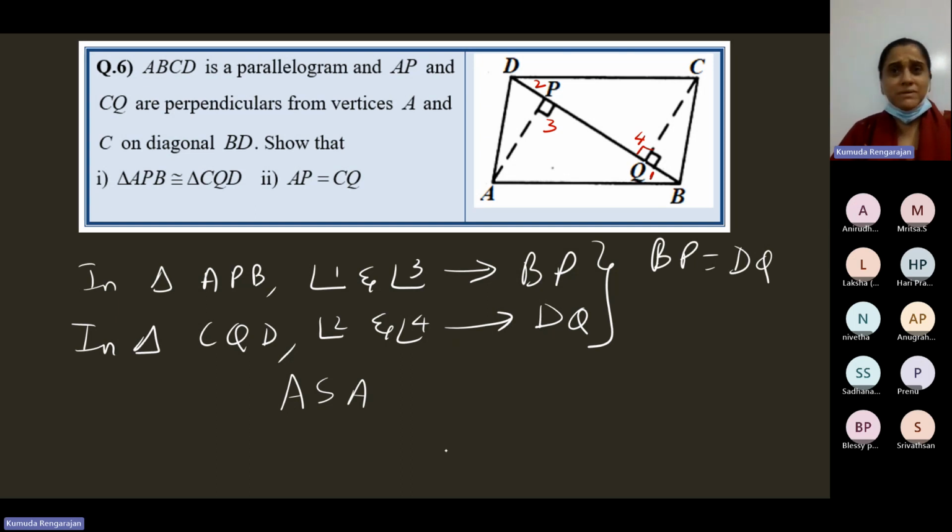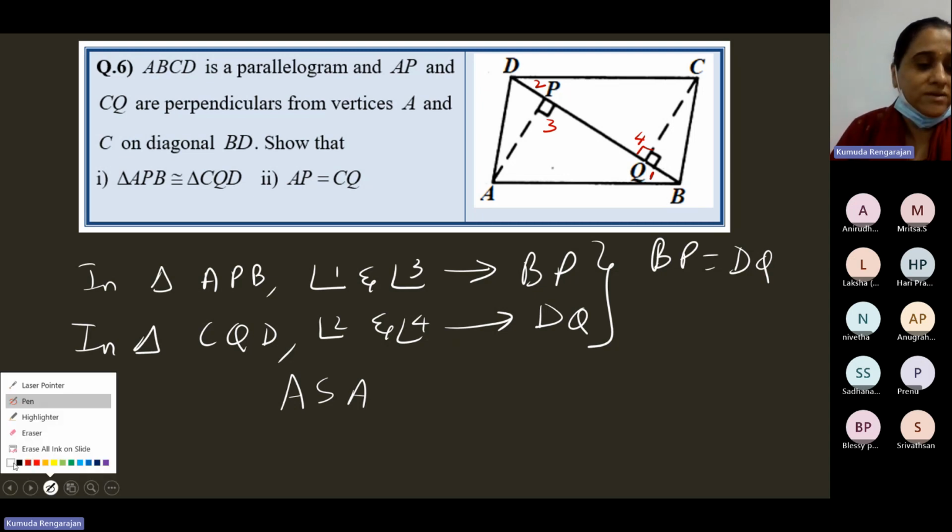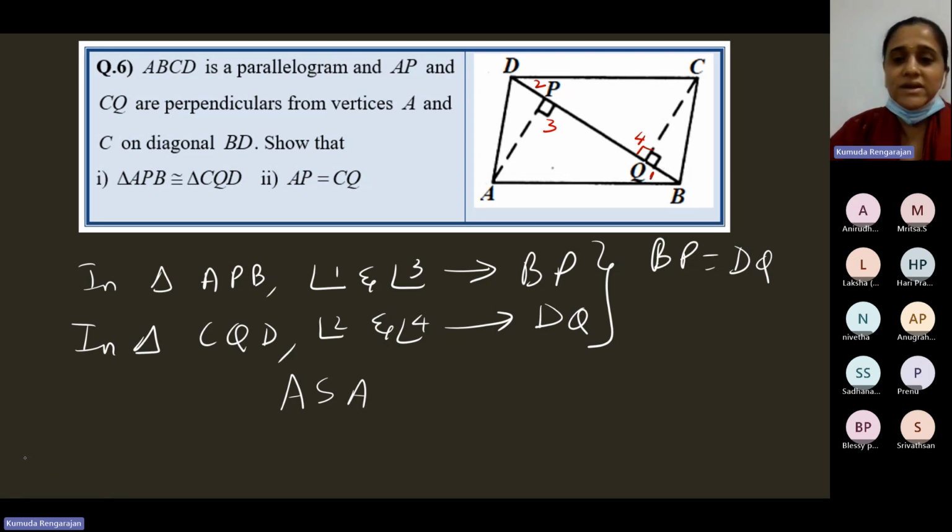But BP may be equal to DQ, but we don't know that, right? So it is not ASA, it is AAS, because it is two angles and some other side. Which is that some other side? AB equal to CD.